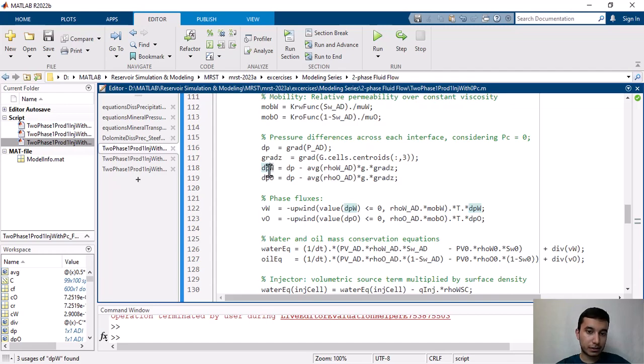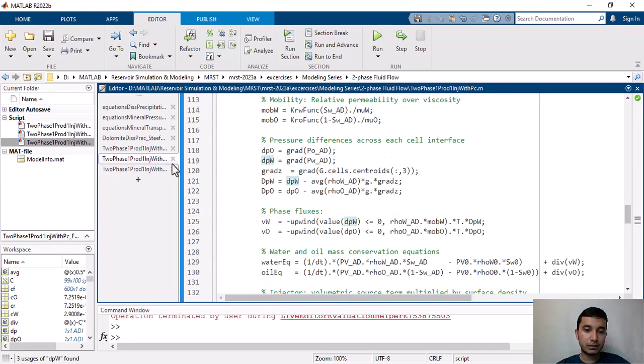So I have considered them. But this pressure gradient is the same for both of the phases. All right? Wonderful. But as you see, this pressure gradient is different in this case, which is the pressure gradient due to gravity.